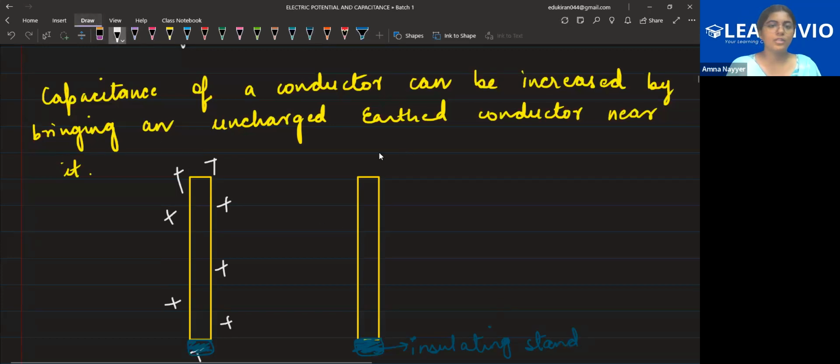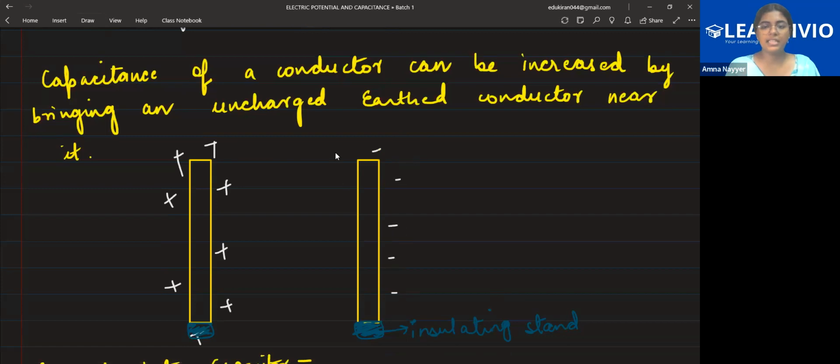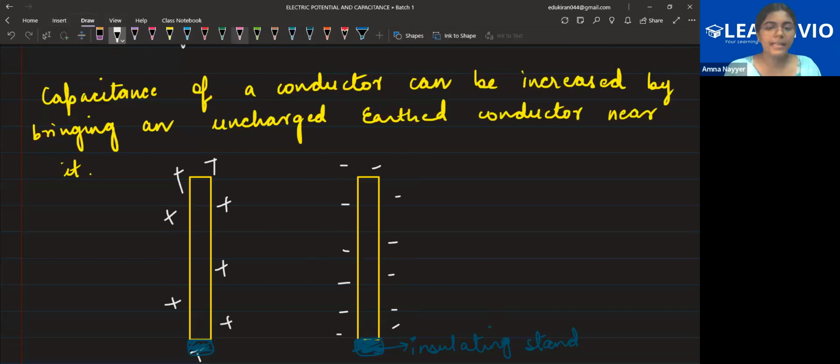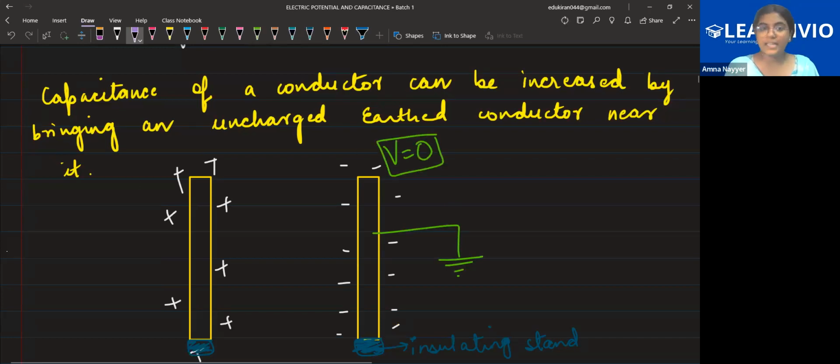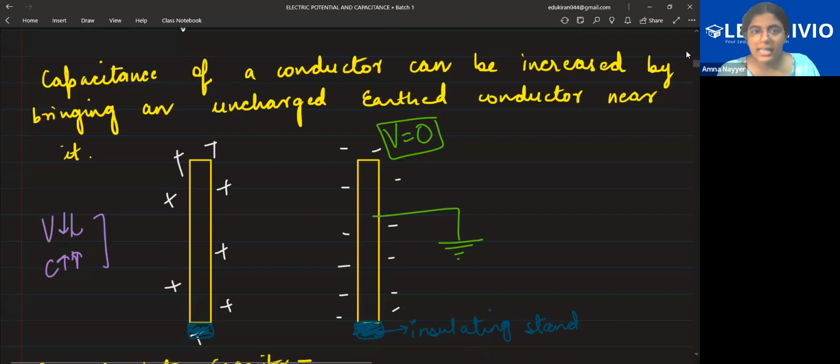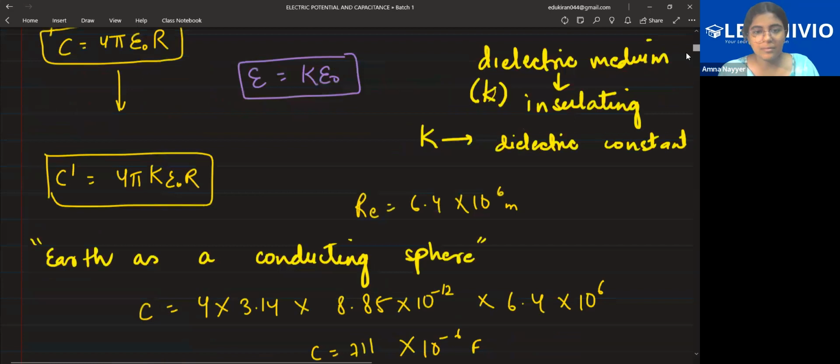So this is positively charged, this is negatively charged. Now, if I earth it, earthing occurs, so all the charges will go to zero and this will have zero potential. So if this has zero potential, potential has decreased, so capacitance increases. This is what is meant by the principle of capacitance. Write all of this, then I'll discuss some more things.